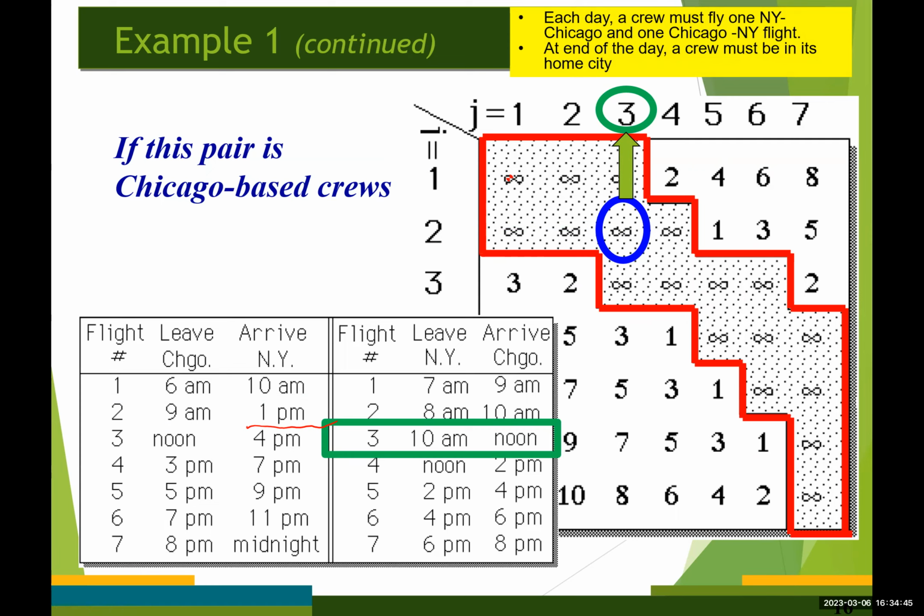And of course, this violates the given restriction that each day the crew must fly one New York to Chicago and one Chicago to New York flight. It also violates another restriction, that a crew must be in his home city at the end of each day. So this should be infeasible, okay?